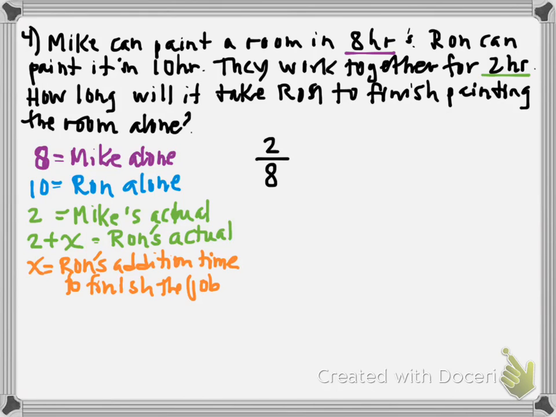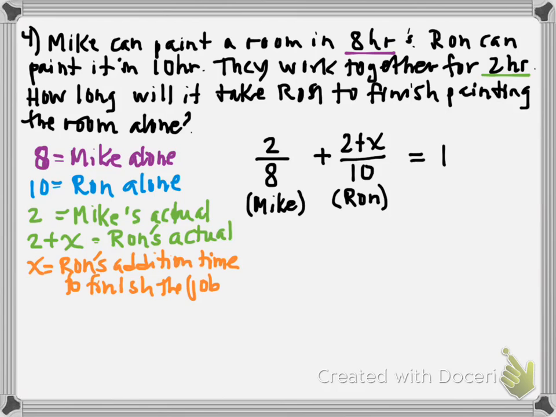Normally, he would take 8 hours to finish a job. So his actual time over his alone time, plus 2 plus x over 10. That's how long Ron's going to work to finish the job, and normally he would do the job by himself in 10 hours. At the end of it, they've got one complete job.